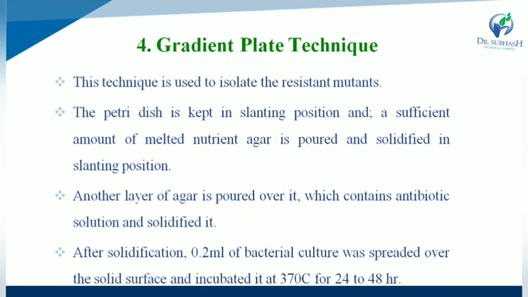In this process, first of all, take one petri dish and keep it in a slant position, and a sufficient amount of melted nutrient agar is poured and solidified in the slanting position.